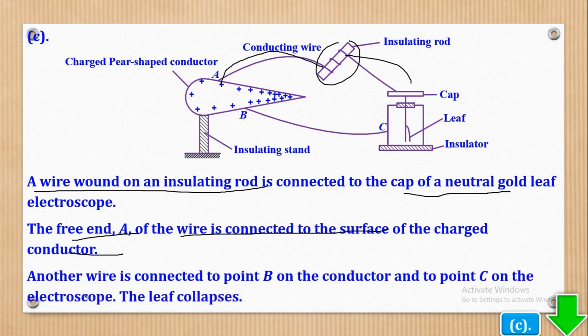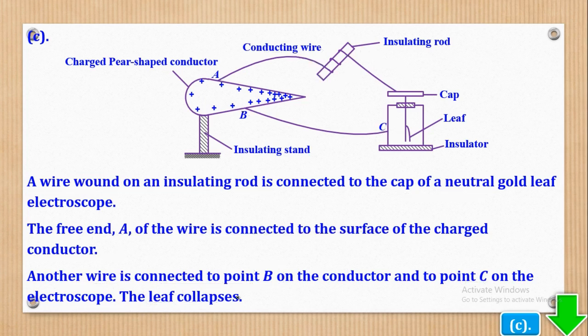So that is one wire. Then another wire is connected to point B on the conductor, which is here, and to point C on the electroscope. And when you do that, the leaf will be seen to collapse. So that's how marks will be awarded for this slide. Like I told you, earthing must not be done.